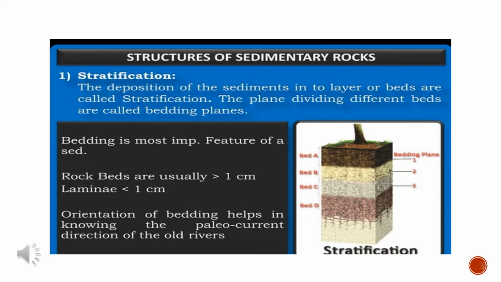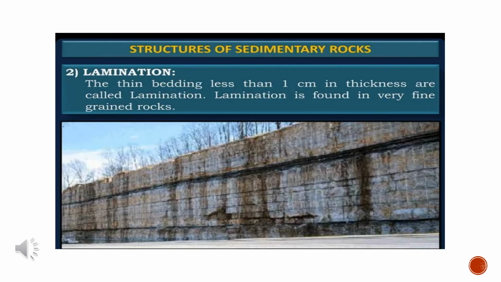Orientation of bedding helps in knowing the paleocurrent direction of old rivers. Second, lamination. The thin bedding less than 1 centimeter in thickness is called lamination. Lamination is found in very fine-grained rocks. It is observed in the picture.